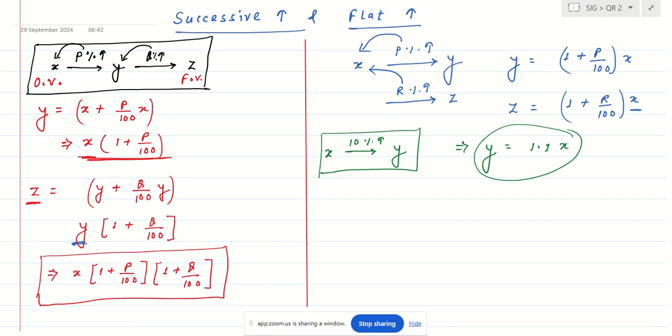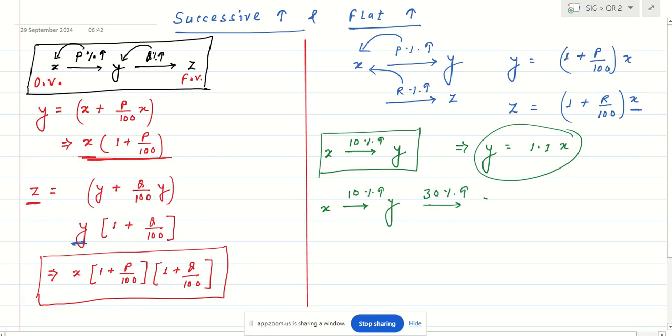Now let's say x is incremented 10%, I got y, and again incremented 30%, and I'm getting z. How do I find the value of z directly?